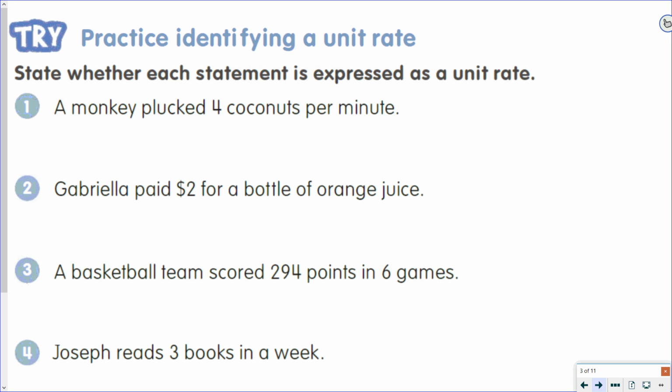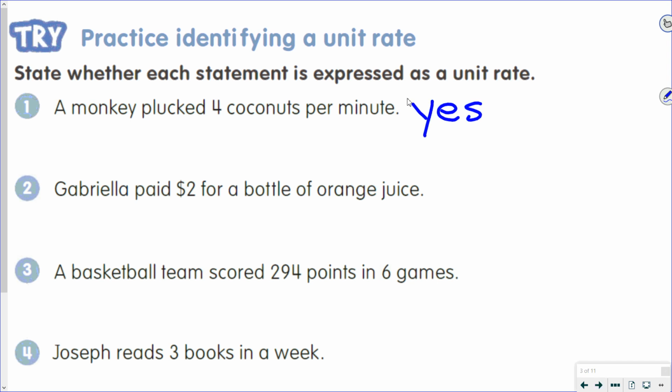Okay, so hopefully you have answered those 4 questions with a simple yes or no to determine if it expresses a unit rate. So for number 1, if we have a monkey that plucked 4 coconuts per minute, let's go blue today. 4 coconuts per minute.